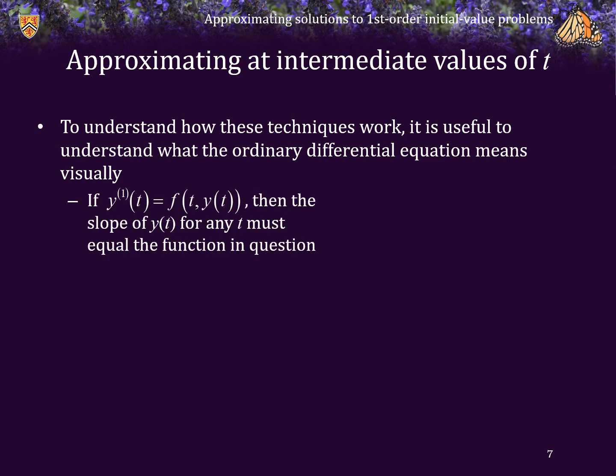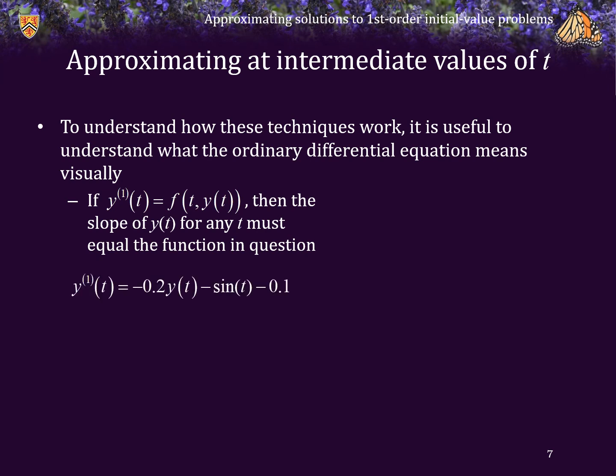Now, with the implicit function theorem, I've argued that we can write most first-order ordinary differential equations in the form of the derivative being a function of t and y of t. What that says is that given a solution y of t, then the slope of that solution must equal the function on the right-hand side.